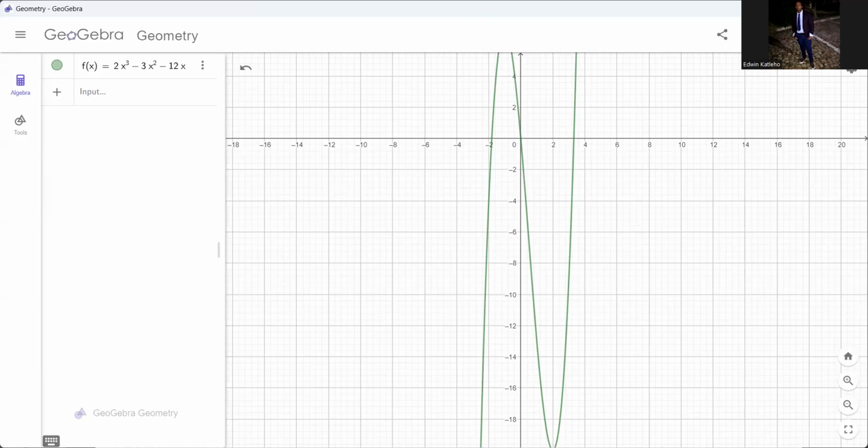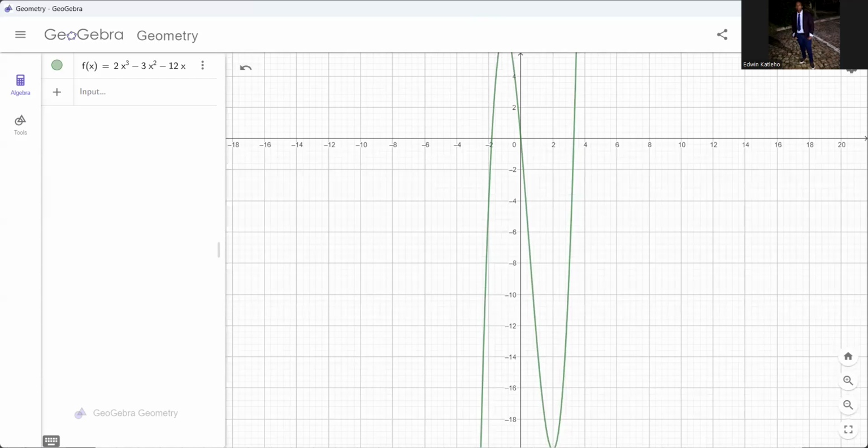All right. Next, in the next video, we are going to look at concavity, like how I explained to you guys in class, looking at the point of inflection and also determining when the graph is concave up or concave down.